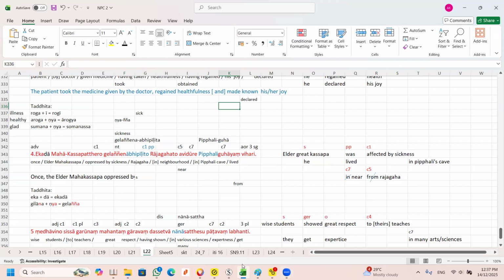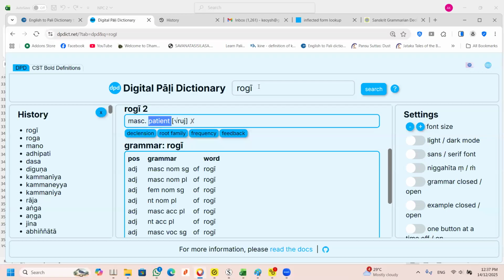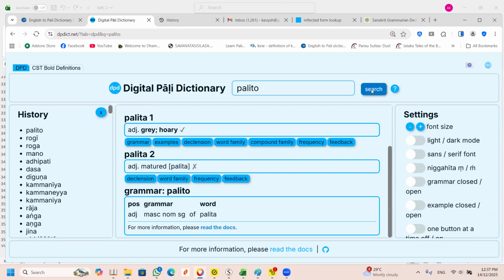If you take the word palito, what is it? It's palita, palita. The one where the L has a dot.